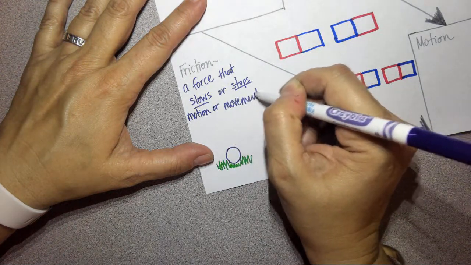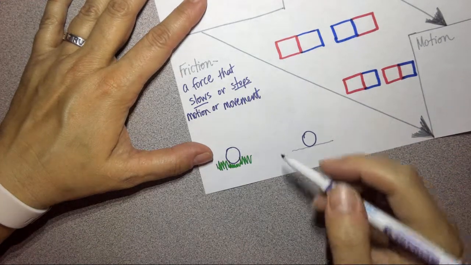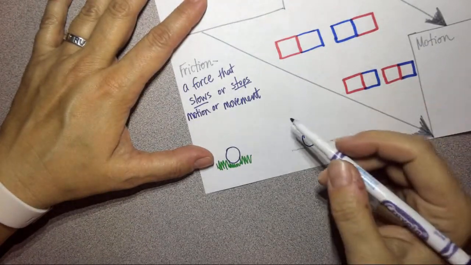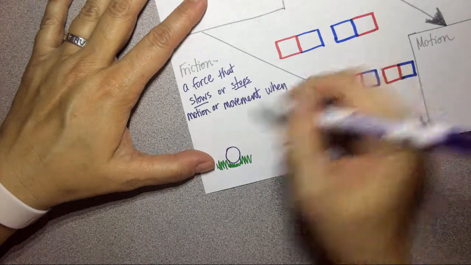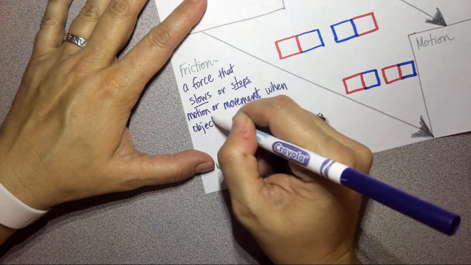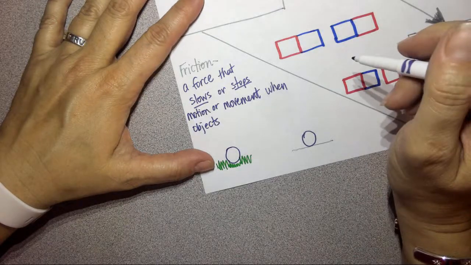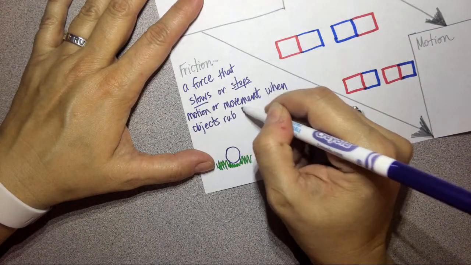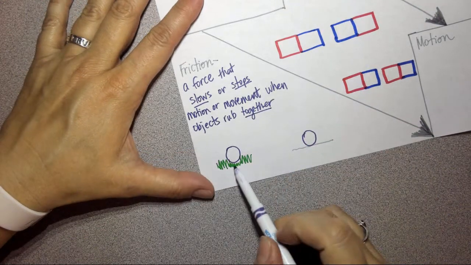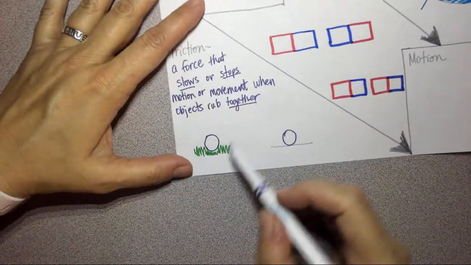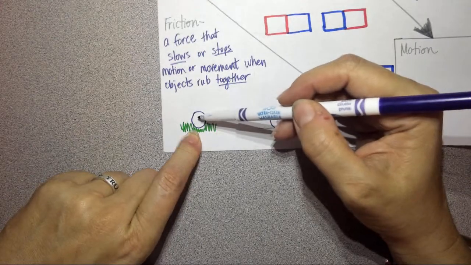motion, or movement. When objects rub together, when they rub together. So, this grass here, for example, is rubbing against this soccer ball.